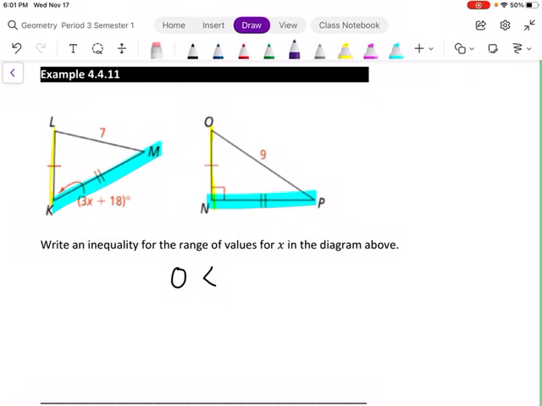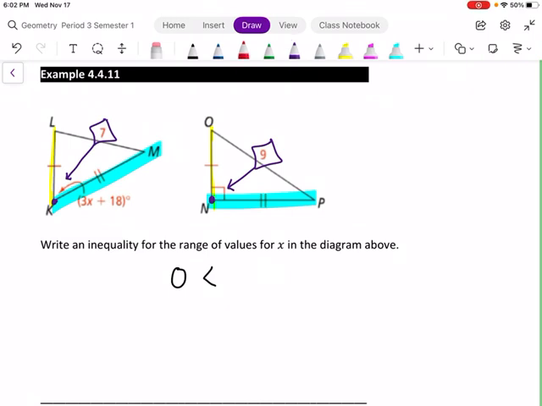So we have 9 as a side length and 7 as a side length. Because 9 is greater, we know that angle N is going to be greater than angle K.